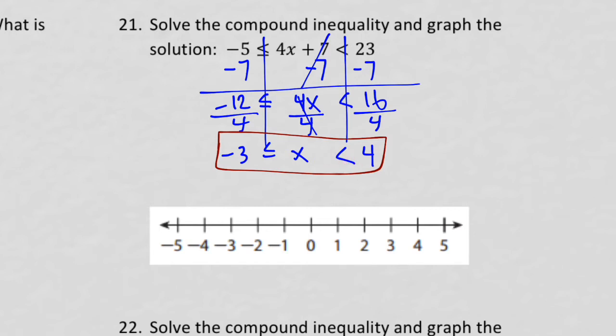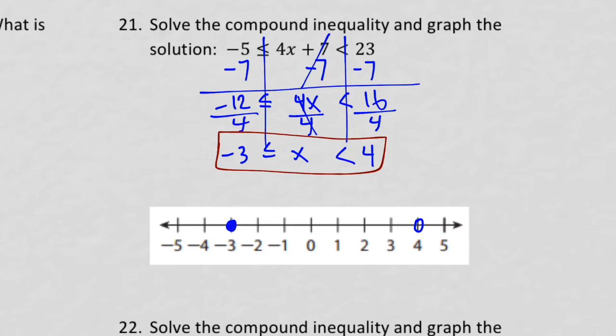Okay, so in order to graph it, what we're going to do is we're going to draw a circle at negative 3, another one at 4. We're going to choose to either shade them or not. That's called closed or open. This one is going to be closed because of the equal sign, so I should shade this one in.